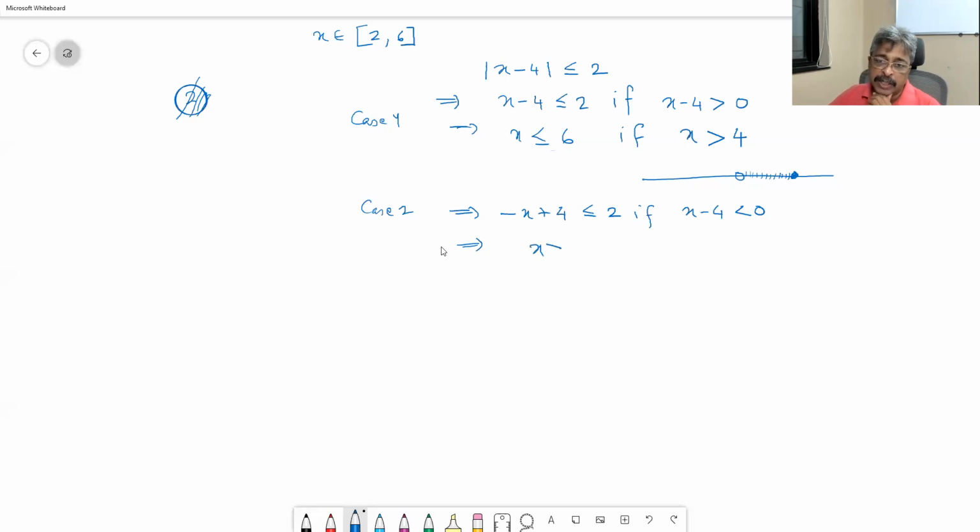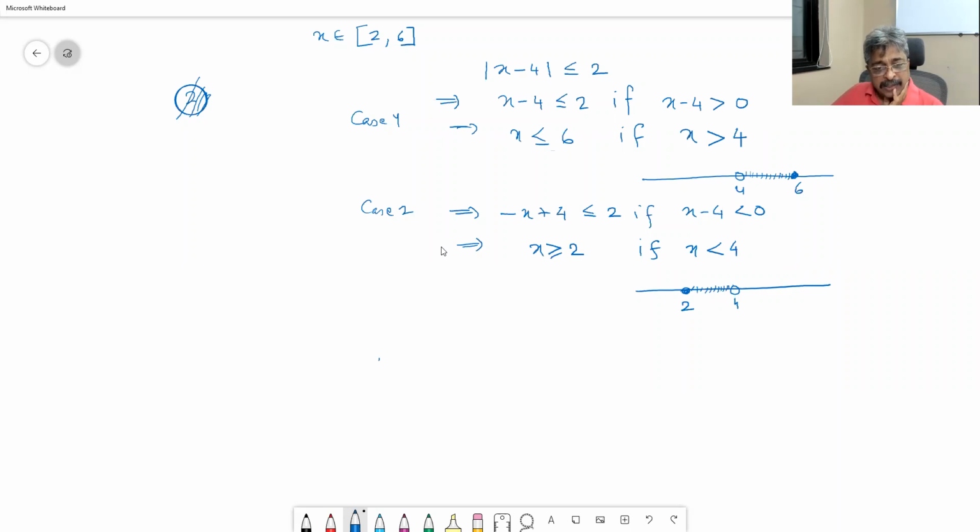So x must be greater than or equal to 2 if x is less than 4. This was 4, this was 6, this is 4, this is 2. So this is giving me this solution set.